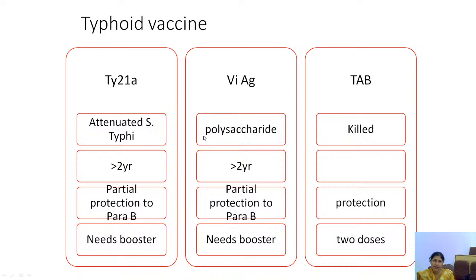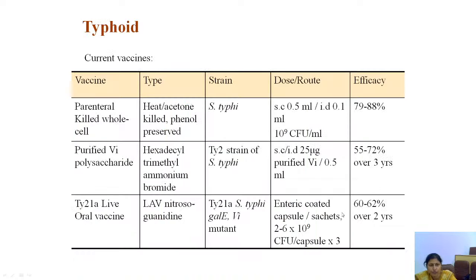The Vi polysaccharide antigen, the subunit vaccine, is also available for typhoid. It also can be given for more than 2 years, but it also needs a booster. There is the whole-cell killed vaccine TAB, and it gives good protection, but it needs 2 doses.